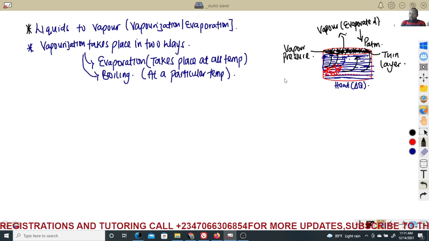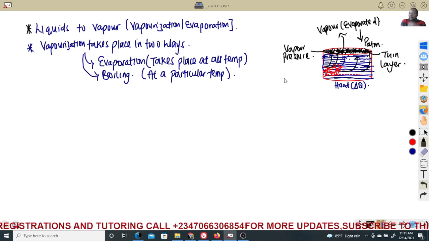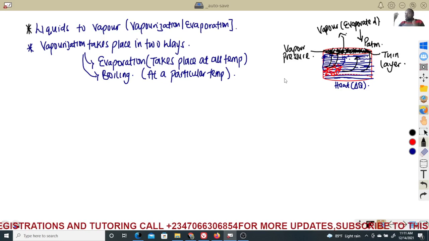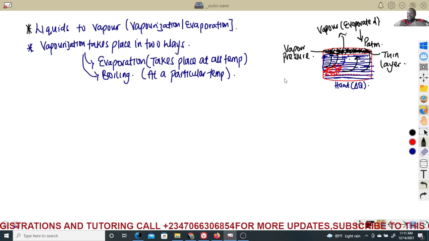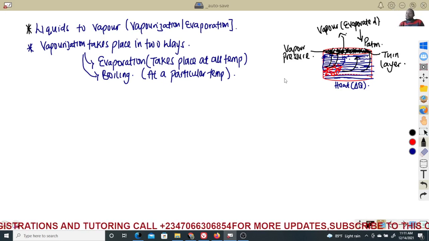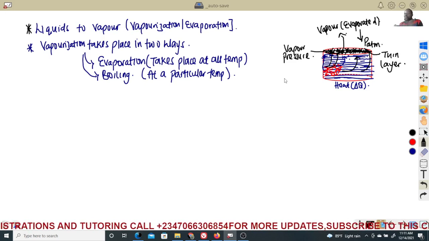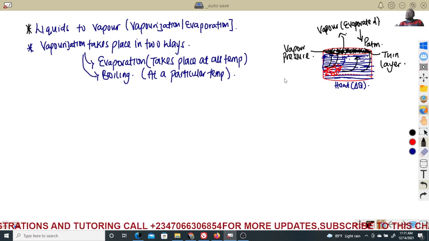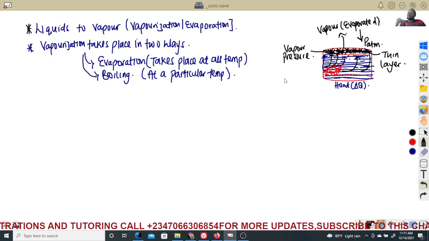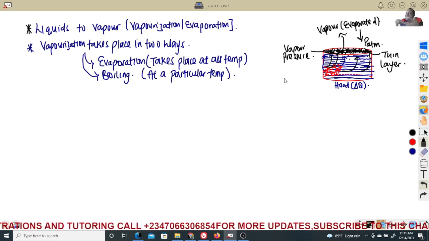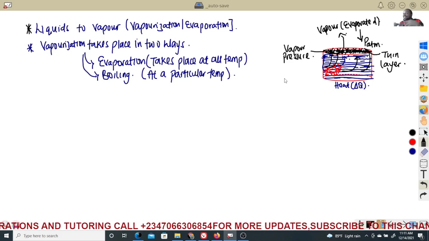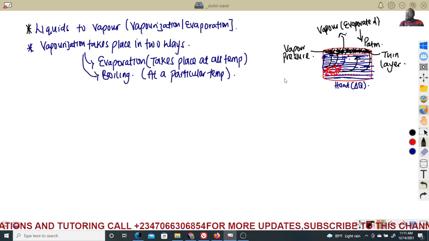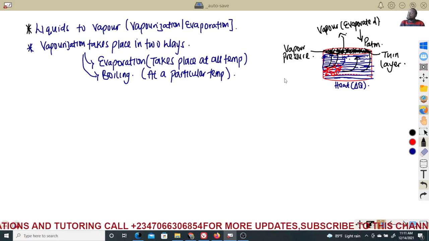So now we can say evaporation is occurring at what? At all temperatures, whatever the temperature. As we continue to increase temperature, there's thermal agitation, molecules move up, atmospheric pressure pulls them back in. With time, there will be a particular time when some molecules of the liquid will be able to gather some energy that is greater than that of atmospheric pressure, and at that point we say the particular substance has evaporated.